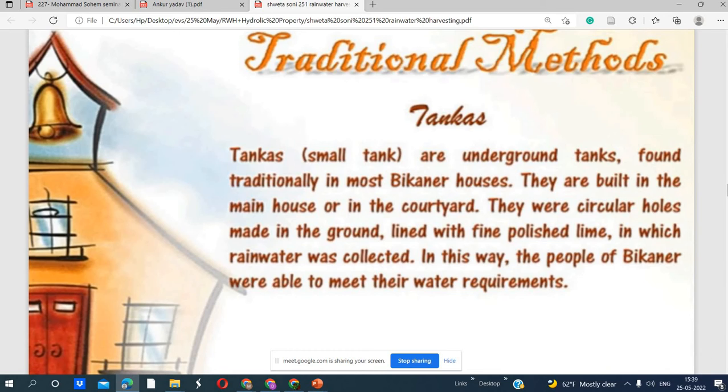It is built in the courtyard of the main house and polished with lime from the inner side to keep the water from seeping into the ground. The people of Bikaner use this water for their basic requirements, as the area is very hot and doesn't have enough water.